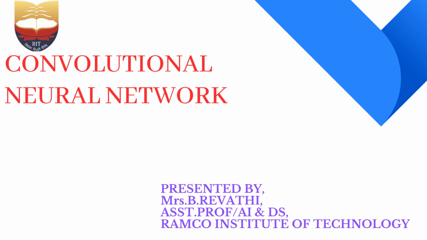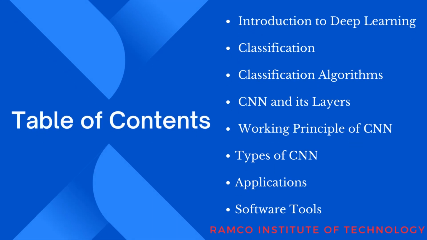In this lecture, we are going to see the convolutional neural network concepts. In this, we learn about what is deep learning, what are the basic concepts of neural network and its types, and how classification is involved in deep learning concepts, and also what are all the classification algorithms used in deep learning.